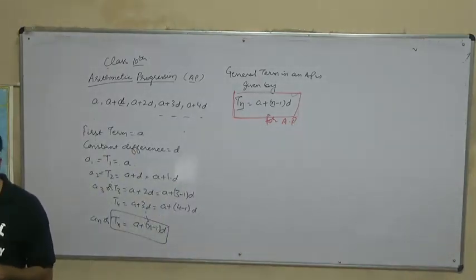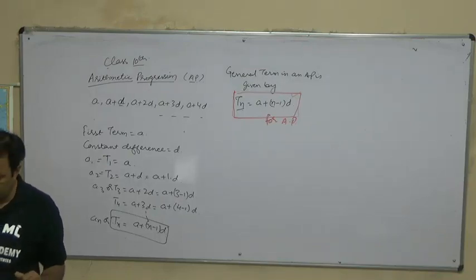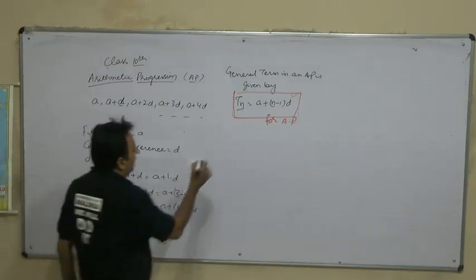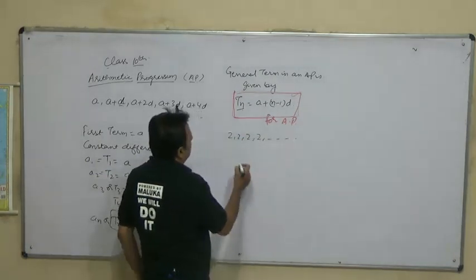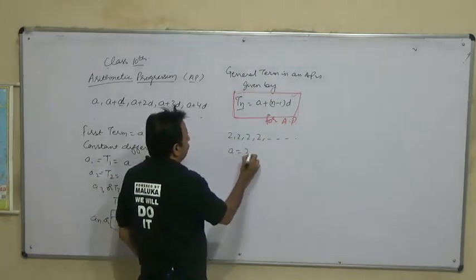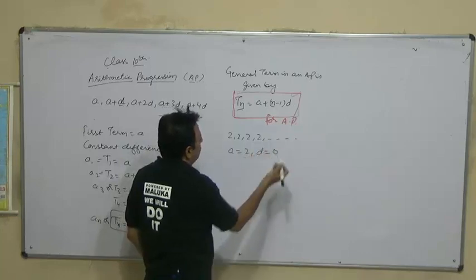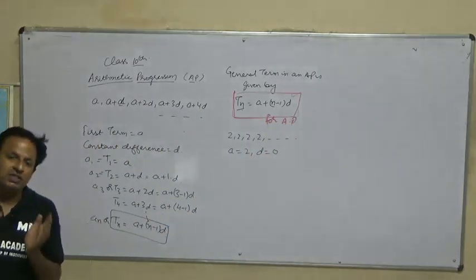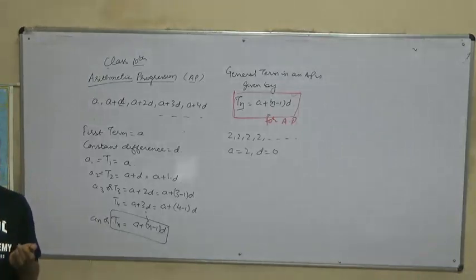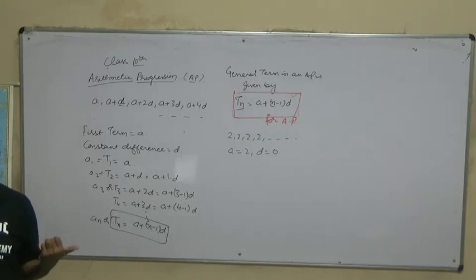Now just consider some simple examples. For example, we have a series given by 2, 2, 2, 2 and so on. Here the value of A is 2 and D is 0, because there is no progression. The same value keeps repeating, that is 2 plus 0 is 2, 2 plus 0 is 2, and it goes on.